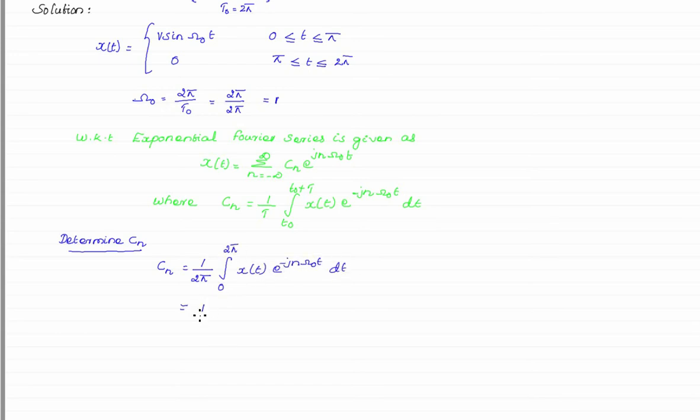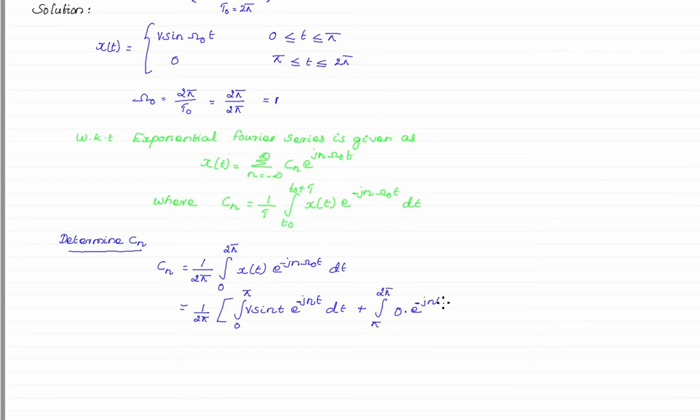In this range of 0 to 2 pi, only from 0 to pi we have the sinusoidal signal which is given by V sine omega naught t. Omega naught is equal to 1 for this problem. So it is equal to V sine t into e power minus j n omega naught t. The next range is from pi to 2 pi.